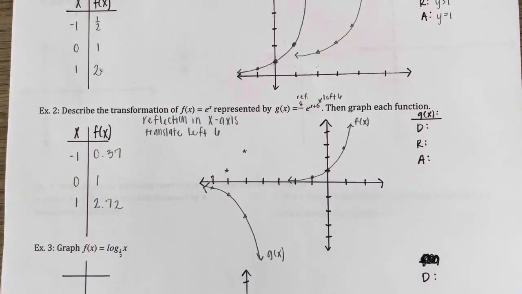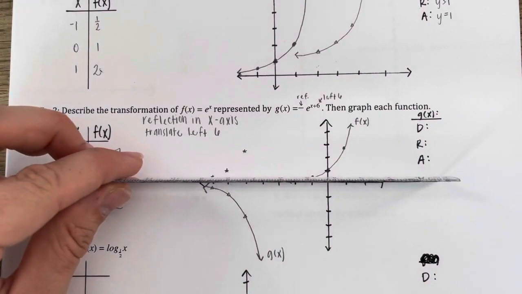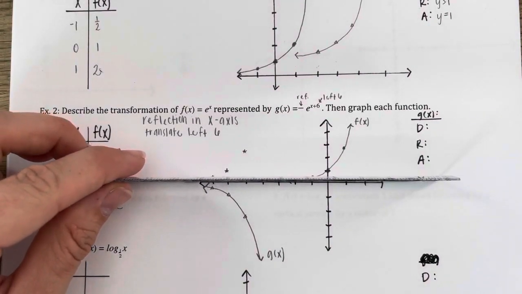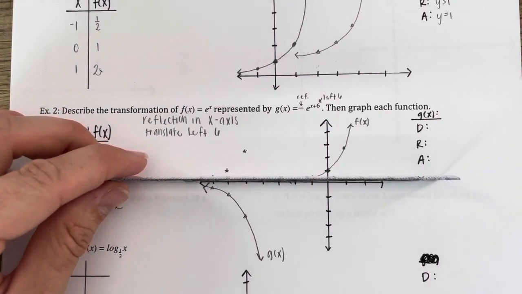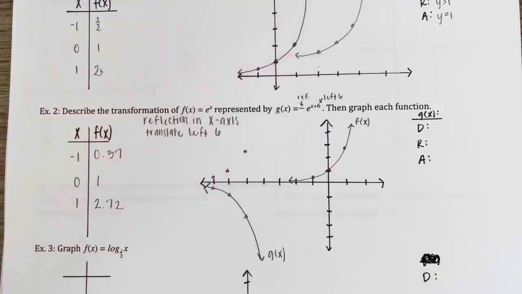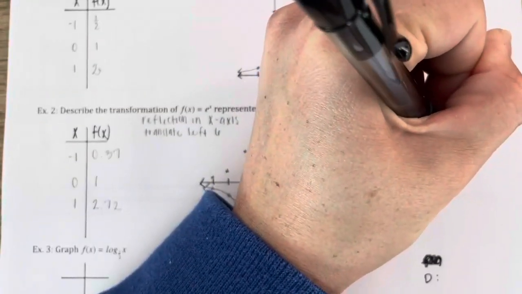So if we're figuring out domain, range, and asymptote for g of x, we're going to go backwards again and start with asymptote. This graph hasn't really shifted up or down at all. So it has been reflected, but my original asymptote was at y equals 0. And then the graph shifted left, and then it reflected over that asymptote. But it didn't shift up or down, so the asymptote did not change, and it's y equals 0 still.